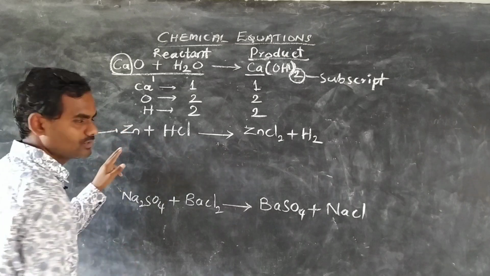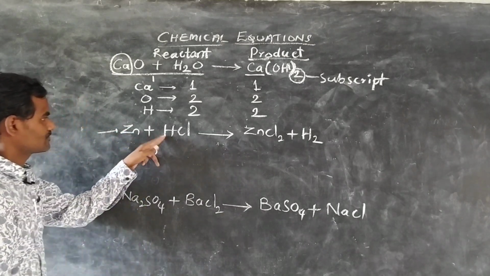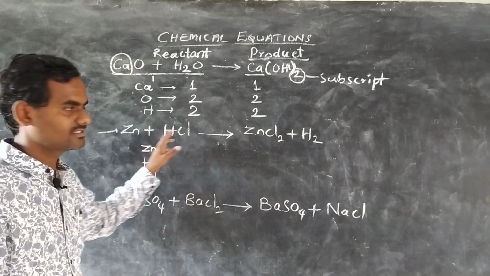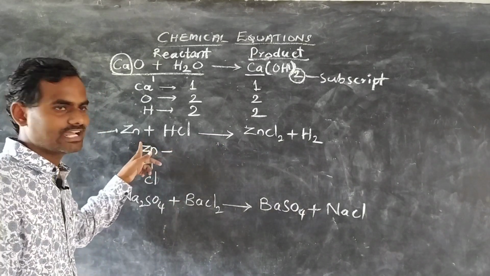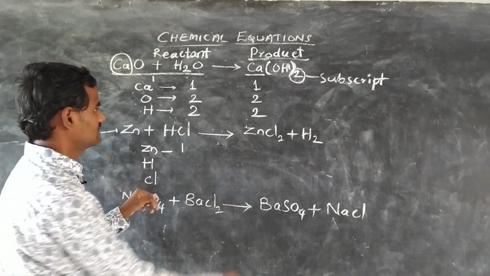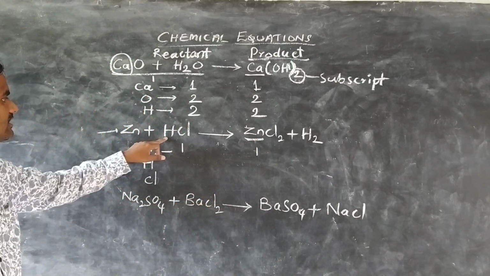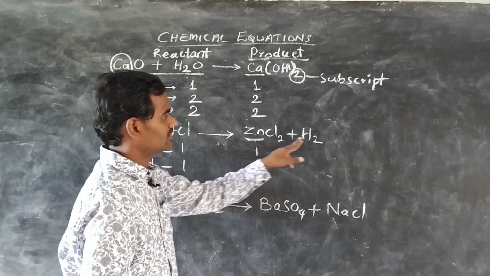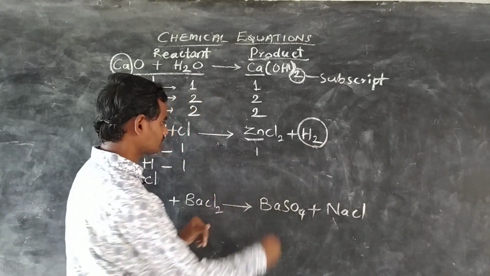Next, coming to this equation. Here in this equation, zinc, hydrogen and chlorine, these three are the atoms present in the equation. Zinc on the left hand side or reactant side is 1, and on the right hand side is also 1. Next, hydrogen on the left hand side or reactant side is 1, and on the product side, how many hydrogens are there? 2.